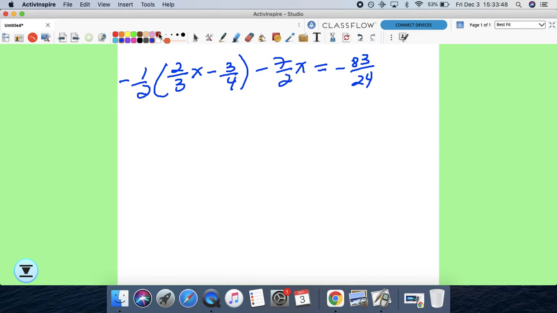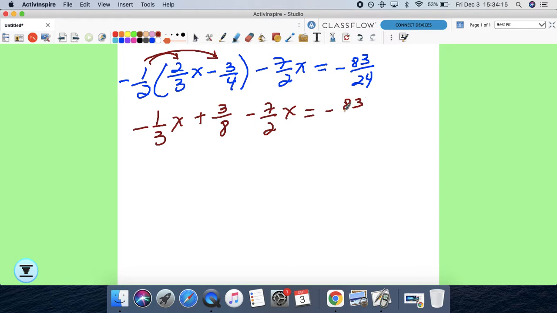Let's do the distributive property. And I'm going to get negative 2 over 6x. Actually, sorry, I should have simplified. So the 2 and the 2 simplify, and I'm just left with 1/3 x, right? Make my life easier. Negative and negative is a positive, and then here 1/2 times 3/4, nothing gets simplified, so I just get 3 over 8 minus 7 over 2x equals negative 83 over 24.